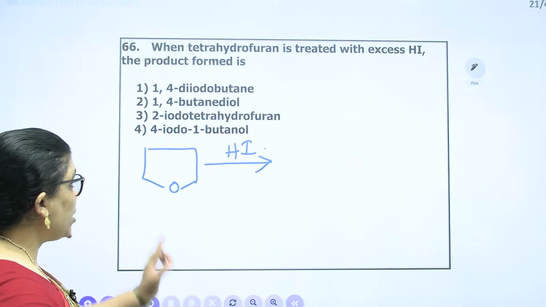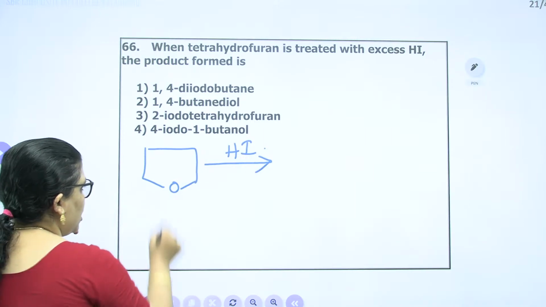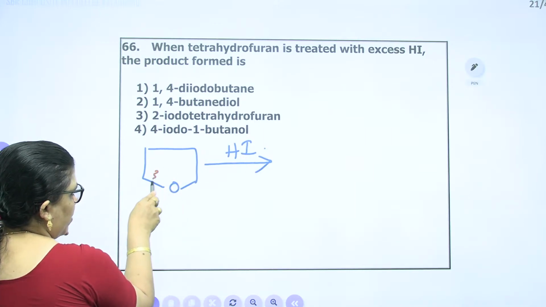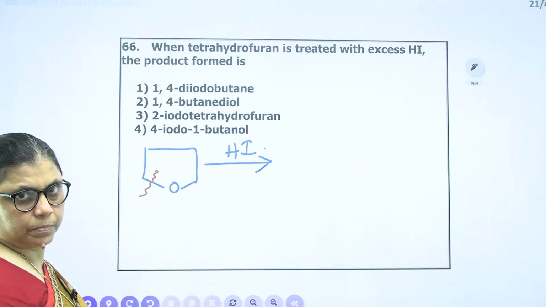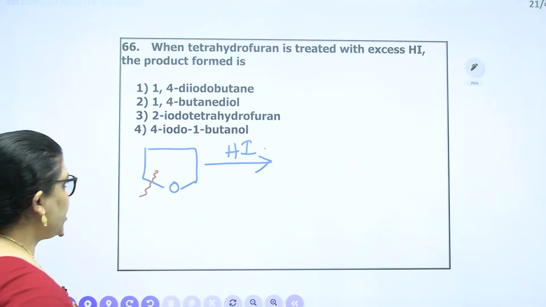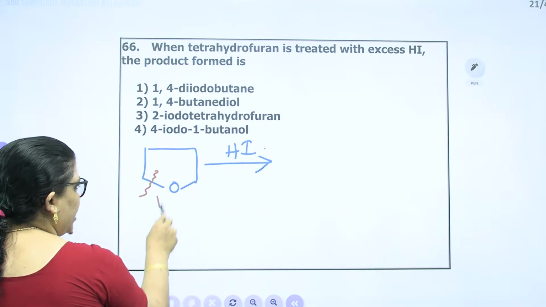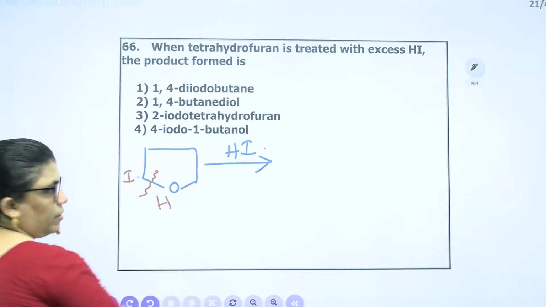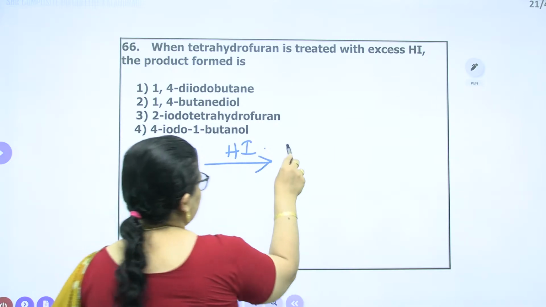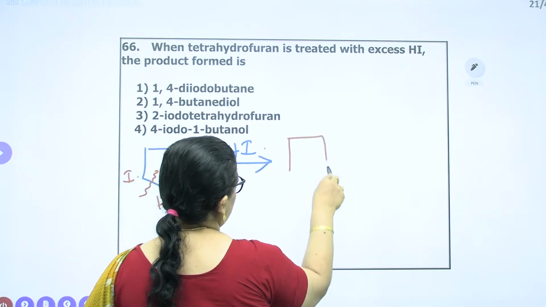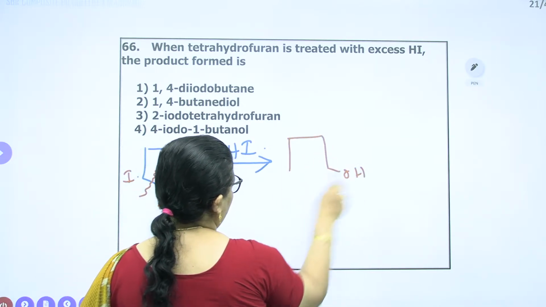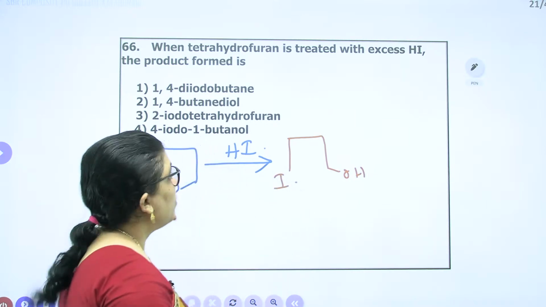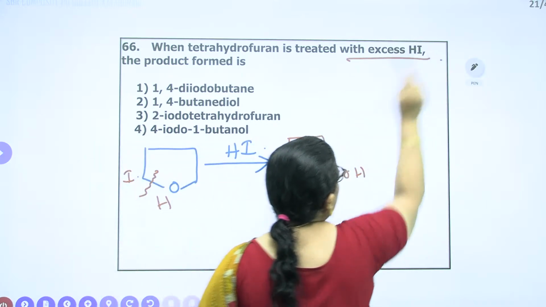Tetrahydrofuran, when treated with excess of HI. Actually, when we are adding 1 mole of HI, if I am going to break here and add across this, remember, H has to go one side and I has to go the other side. What will we get? OH on one side, and this side will get I. But here they have used the word excess.